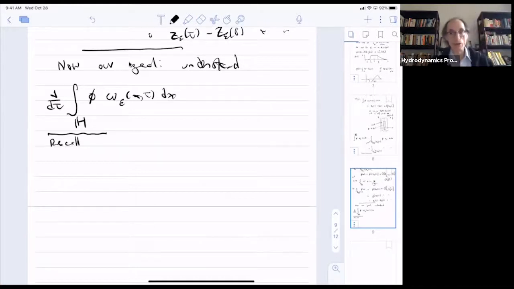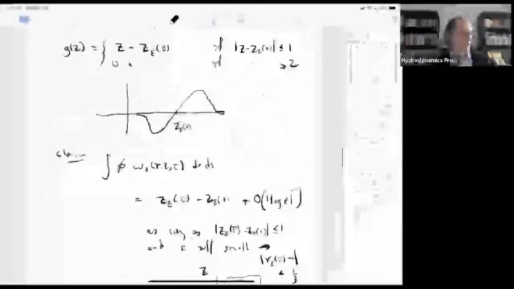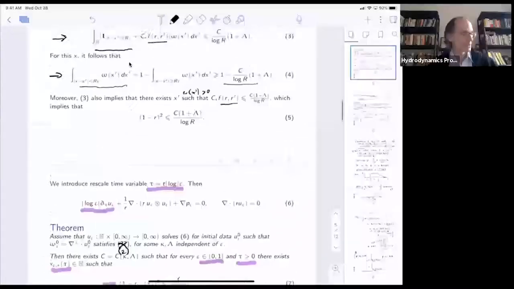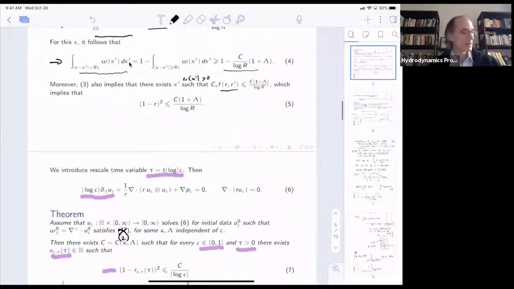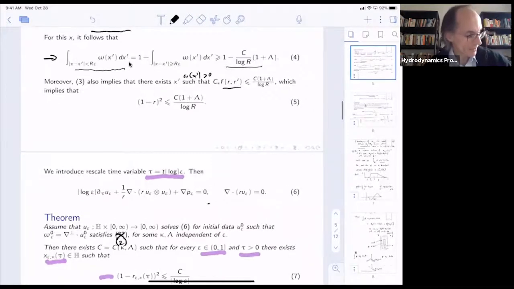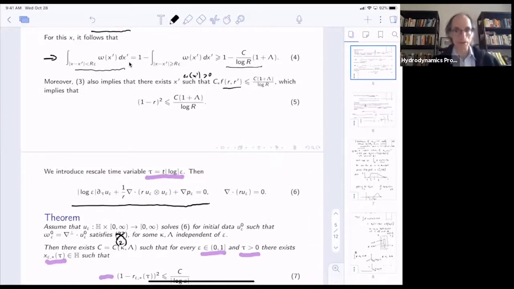Okay, so we have the Euler equations. They're up here, I guess. Here they are. So we have the equations which I've written in sort of a divergence form.